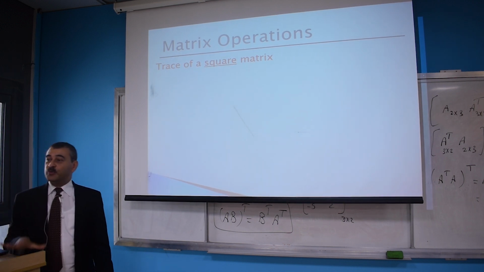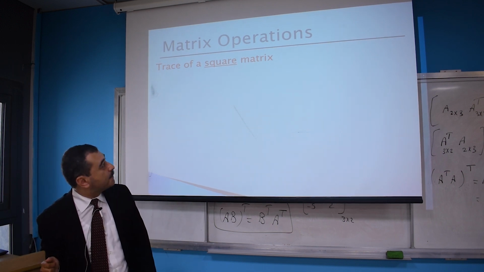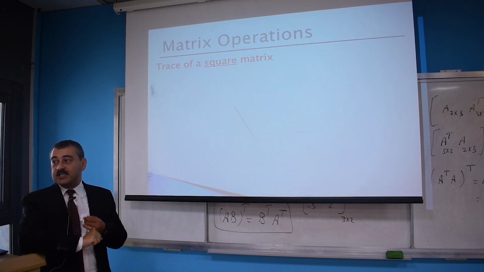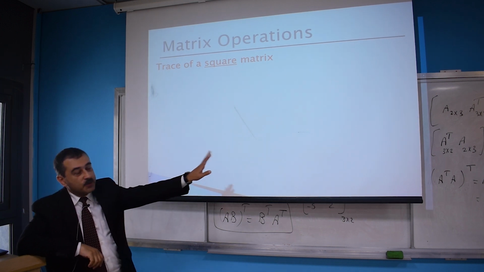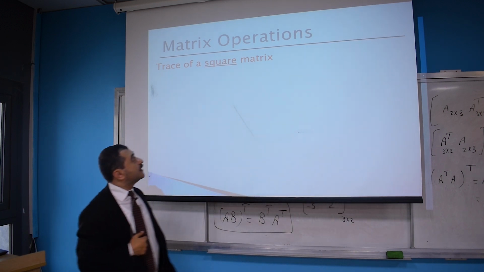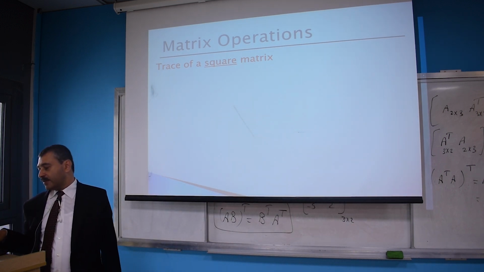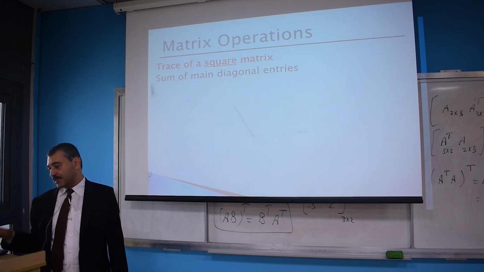Let's define the last operation here, an operation called the trace of a matrix. Here the matrix must be a square matrix. Okay? For the transpose, it's not necessarily a square matrix. For the trace, the matrix must be square, and the trace is defined as the sum of diagonal entries.